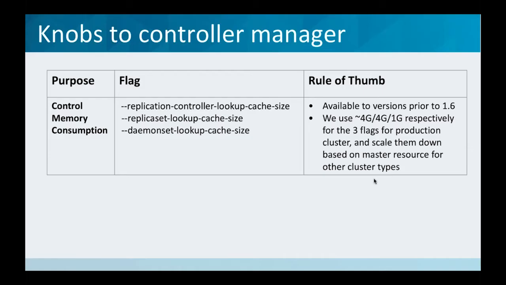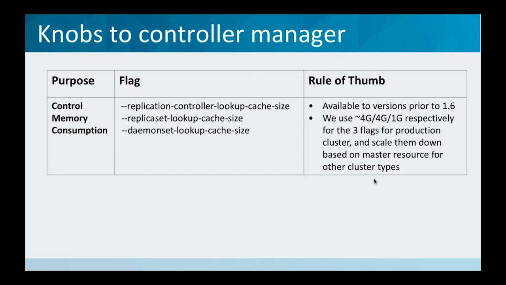Right. So for Controller Manager prior to Kubernetes version 1.6, they also provided 3 flags to configure the cache sizes. You can configure the daemon set lookup cache size, replica set lookup cache size, and replication controller lookup cache size. We use 4 gig, and 1 gig for them respectively on our production cluster, and we set it to small numbers in our small clusters.